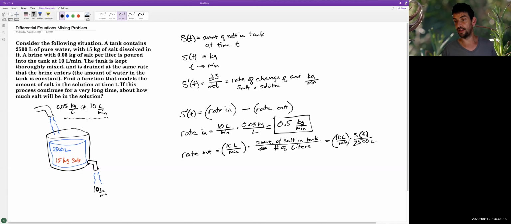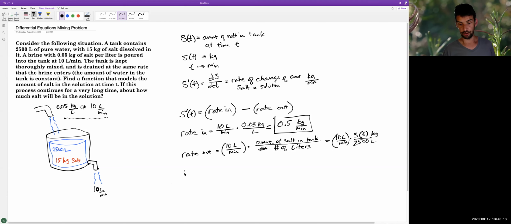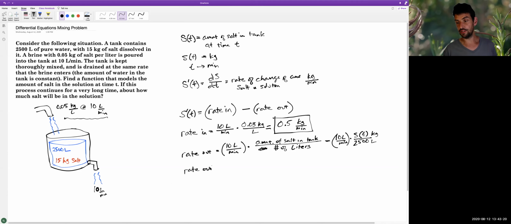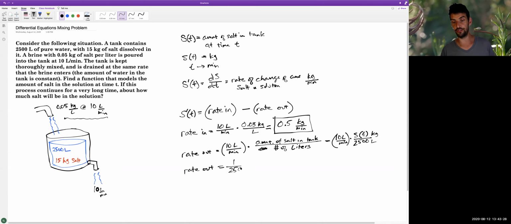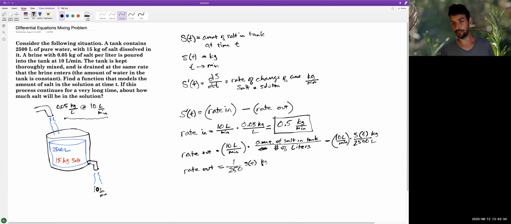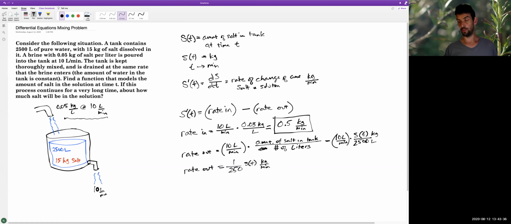And remember, S of t is in kilograms. So our rate out looks like, doing a little computation, 10 over 2,500 is going to give me 1/250 S of t, and our units will end up being kilograms per minute as we wanted.